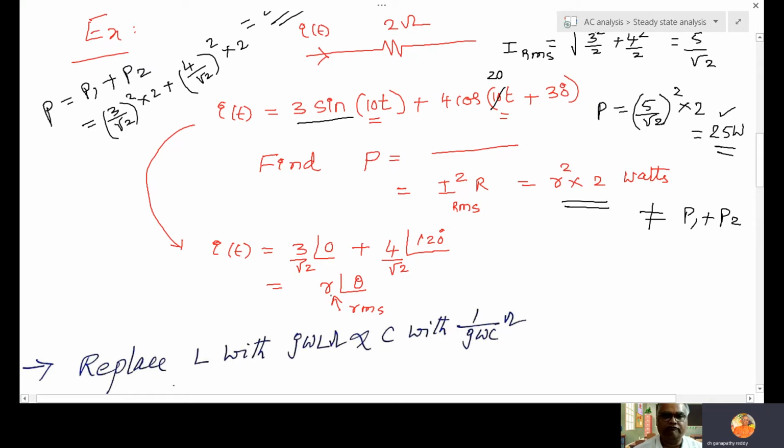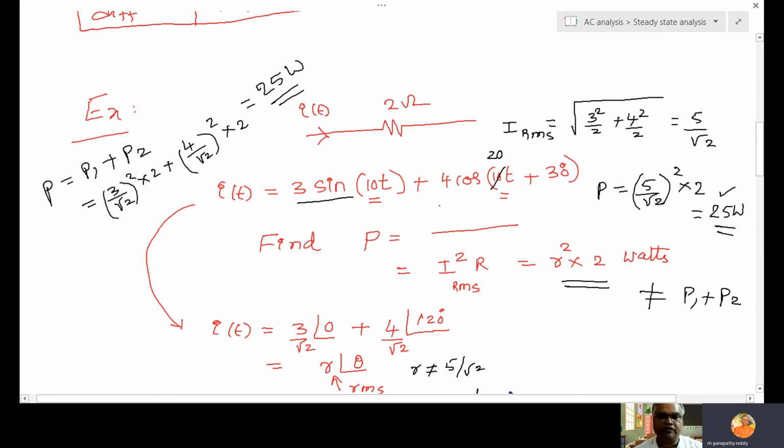This R value is not 5, so not 5 by root 2. If it is 5 by root 2, you will get 25. So using calc, you simplify, this R value is not equal to 5 by root 2. So therefore, this answer is not 25, and hence not equal to P1 plus P2.